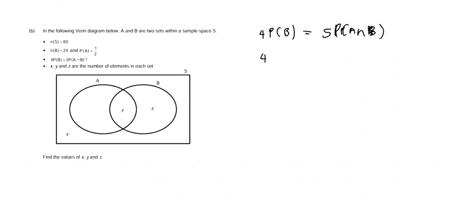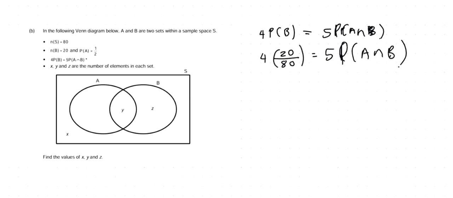The probability of B would then be the event over the total, which would give us 1/4, which is just 1.